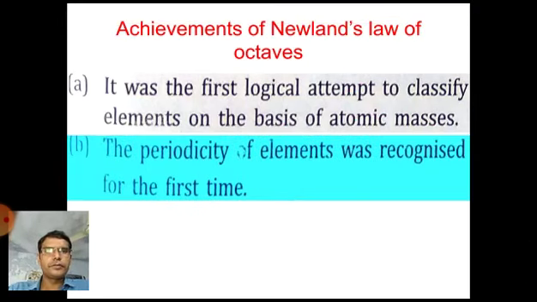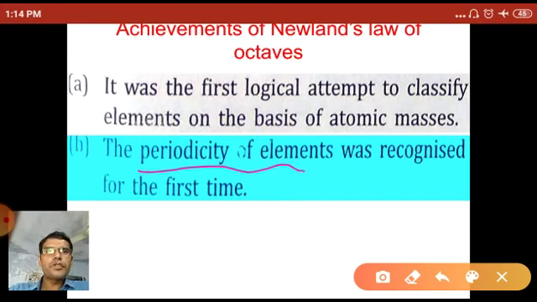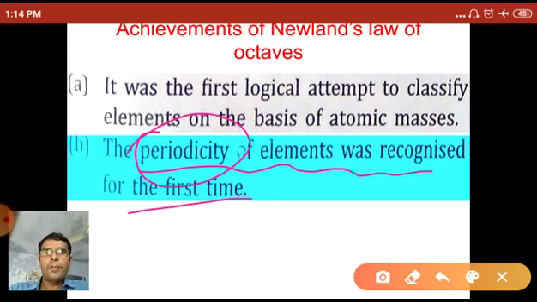Now the second achievement: the periodicity of elements was recognized for the first time. What is periodicity? Periodicity is the recurring of similar properties of elements after a regular interval when we arrange the elements in the periodic table. So the repetition of similar properties of elements in the periodic table when the elements are arranged is called periodicity.